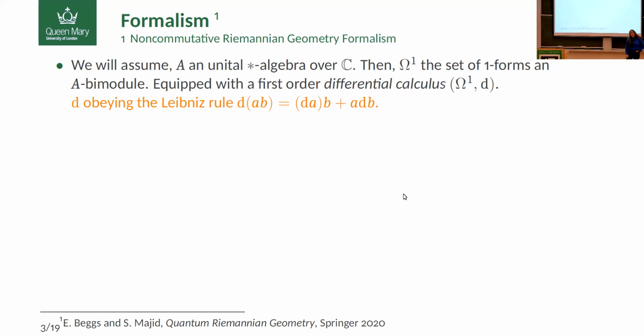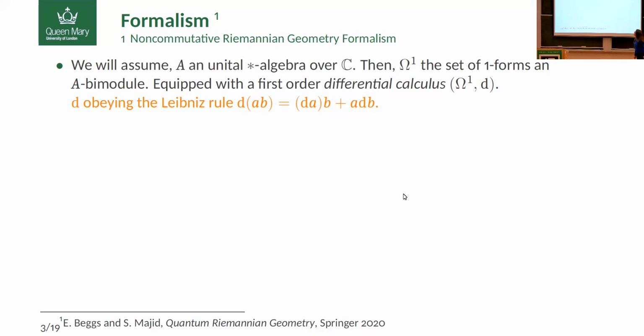First of all, I want to introduce a little bit of the formalism because not everyone works exactly with the same. So in here, I'm not working with C-star algebras. I'm just assuming that I'm working with an algebra, with a unit element, and also with the star structure.